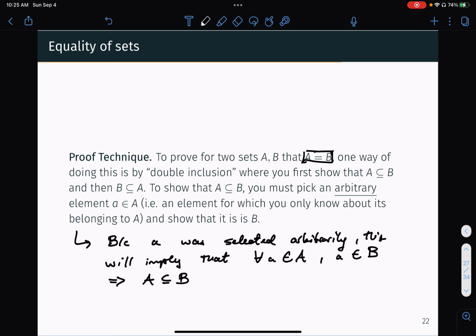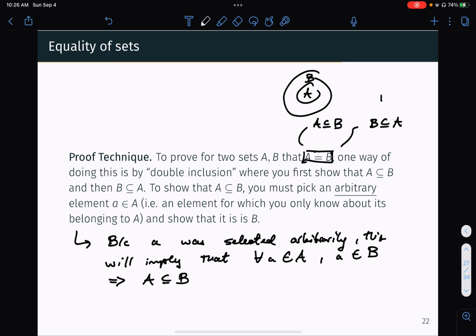So you have to show that A is a subset of B, so A is within B, and then you must show that B is a subset of A, so B is within A. And by showing these two things, it must imply that A and B are one and the same. A subset B and B subset A implies that these two sets are identical.